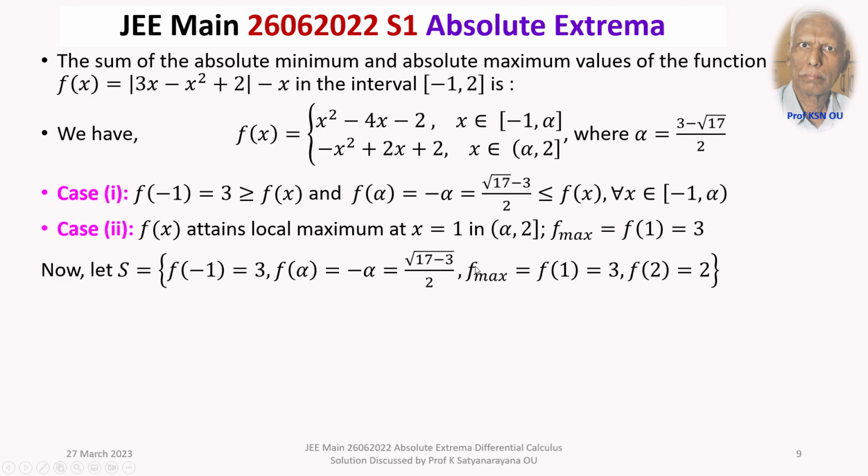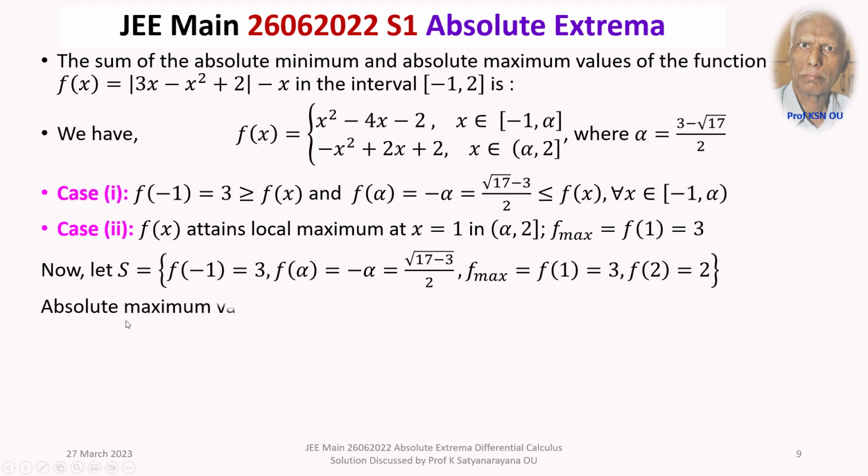And in the second half, it has a local maximum at 1, f of 1 is 3, and at the end point 2, f of 2 is 2.